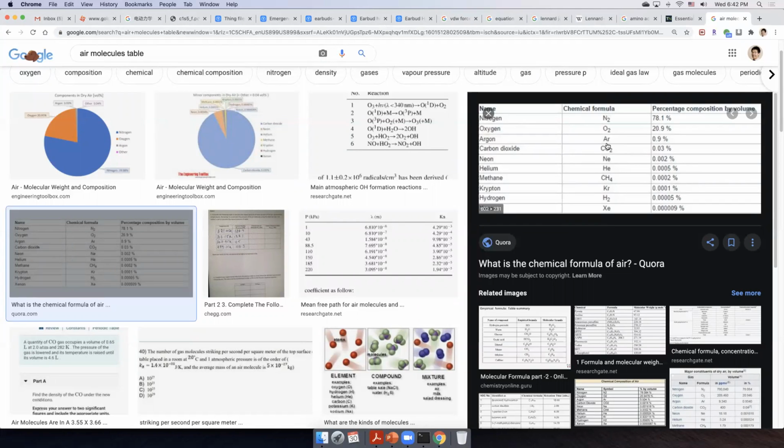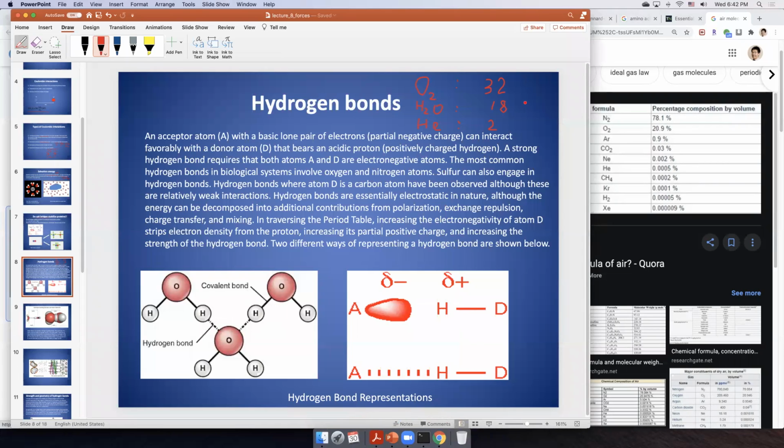It's just a very normal molecule. But why is water so different from any other gas molecule? All the other gas molecules, if you look at the table, are in gas format in nature or at room temperature. The only exception is water. Water at room temperature is a liquid, not a gas. This is because of its chemistry nature, because it's a polar molecule.